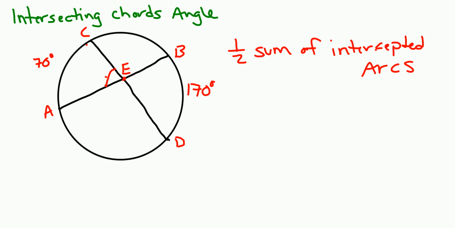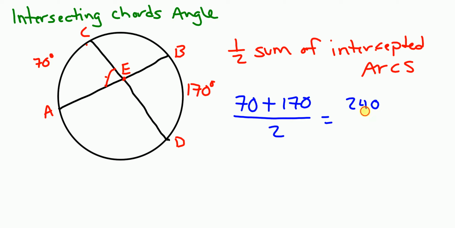So I would do 70 plus 170 divided by 2. 70 plus 170 is 240, divided by 2 is 120 degrees. So this angle is 120 degrees.